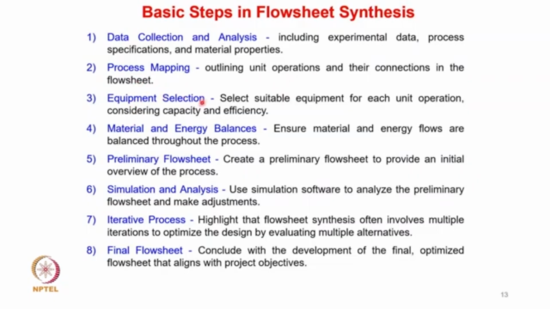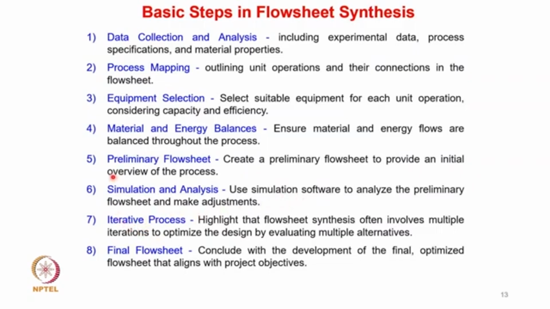Again, in this we have to select the equipment. So we can select the equipment for each unit operation considering the capacity and the efficiency. Once this preliminary flow sheet is generated, then we can do a material and energy balance, and based on the material and energy balance, we can calculate the cost for this preliminary flow sheet. This preliminary flow sheet is then refined by using the different simulation softwares.